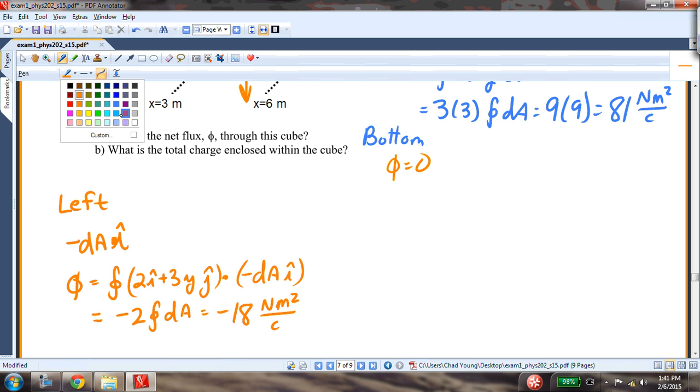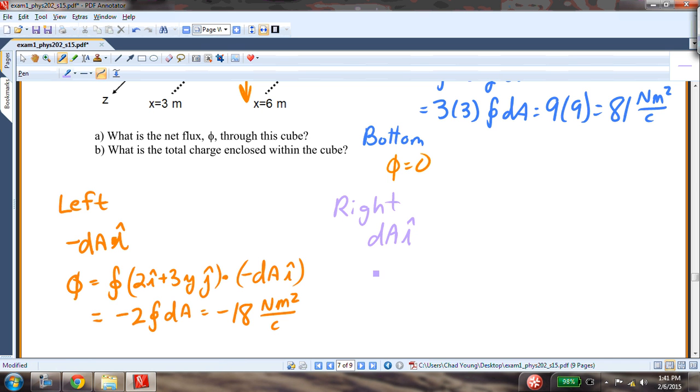Now let's do the right face. On the right face, my area vector is dA in the positive i direction. So my flux will be the integral of E dot dA, 2i plus 3y j dotted with dA i.